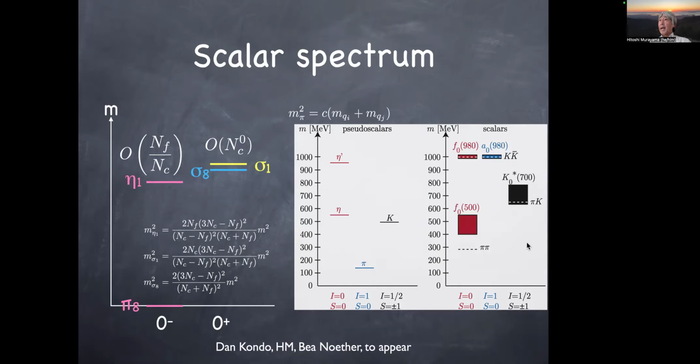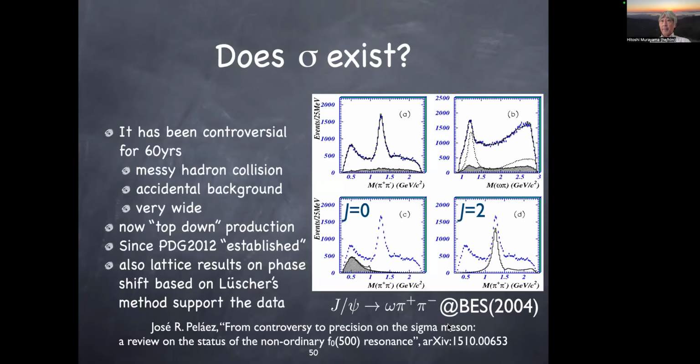But the question is that now there are these experimentally established 0+ scalar hadrons, F naught 500, K naught 700, A naught 980, and F naught 980. And these states used to be very controversial because they are incredibly wide. They showed up as a resonance in pi-pi scattering.